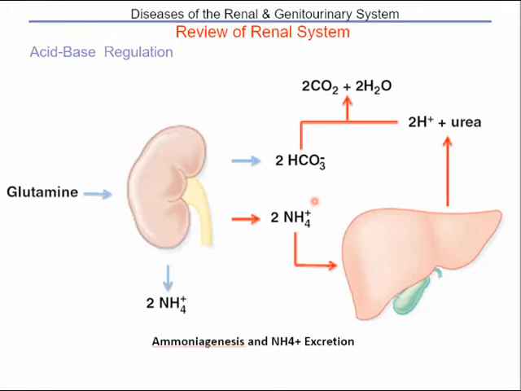So an important aspect of renal acid-base physiology is the production of ammonia, or what's called ammoniagenesis, and the excretion of your ammonium. So your glutamine in the kidney will have a net production of two molecules of your ammonium, and this ammonium will be utilized as buffers for your acids in the body.